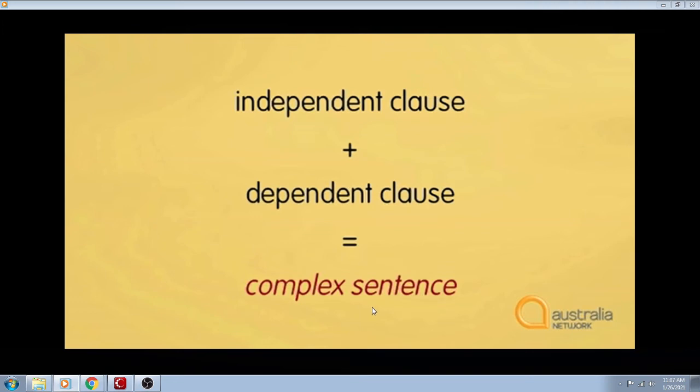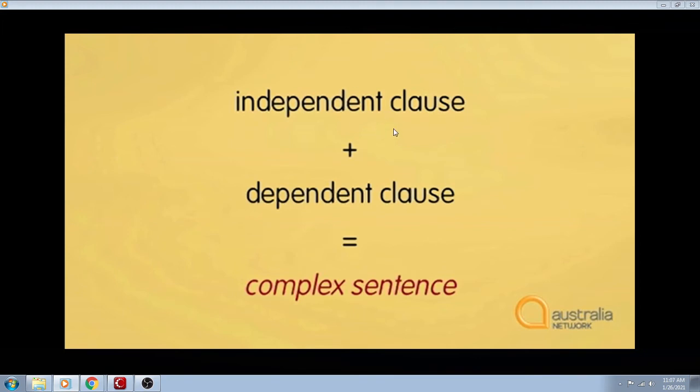Using subordinating conjunctions. So in compound sentences, we have again two clauses, but both are independent, meaning you can add a full stop after the first clause and begin the second with a capital letter and have two completely separate simple sentences.